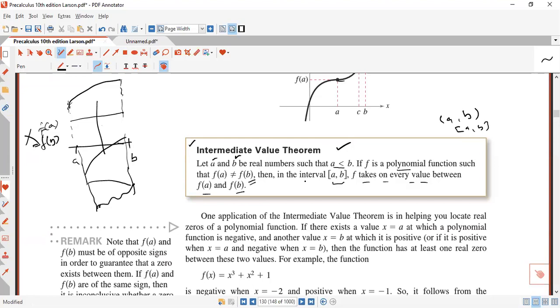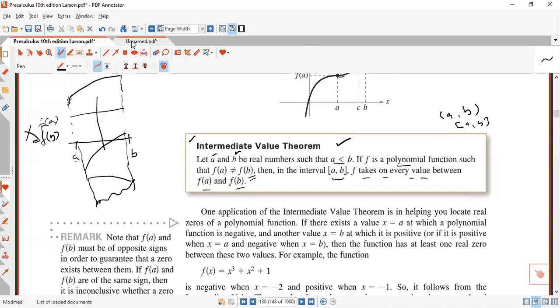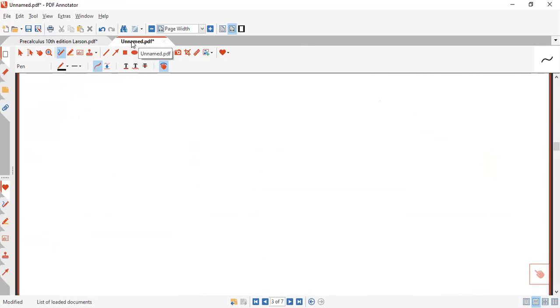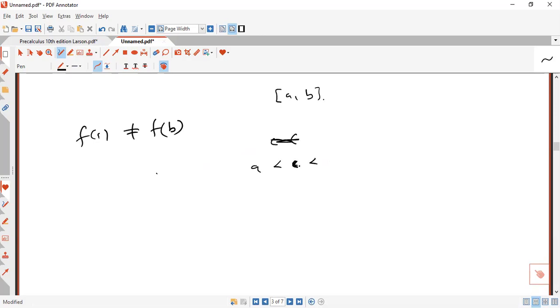If these things hold, this theorem is telling you that you will always find a value in between f of A and f of B, in between A and B. So if f of A is not equal to f of B, and f is continuous on the interval A to B, then there is a point C in between A and B, and f of C will always remain in between f of A and f of B.